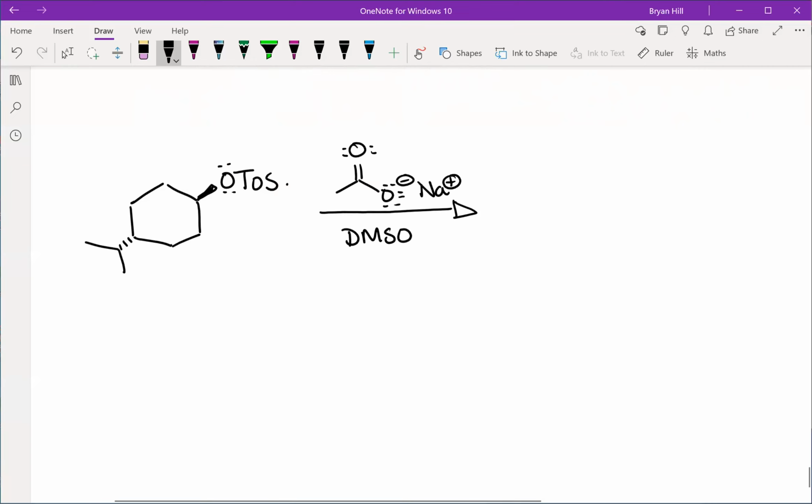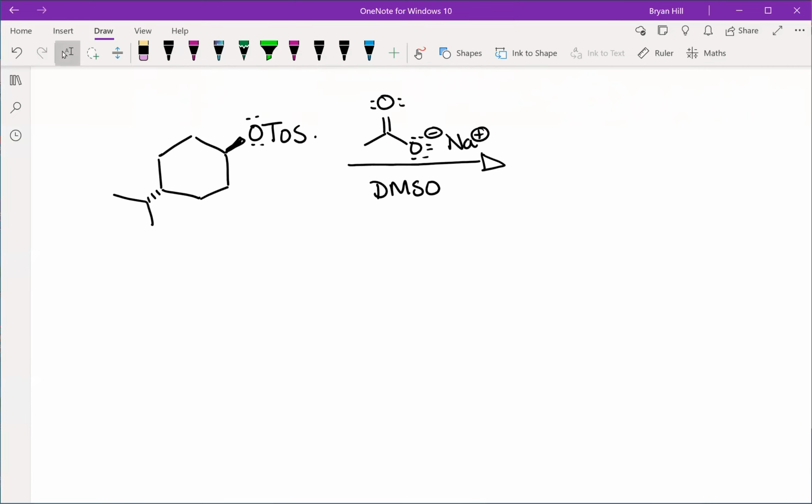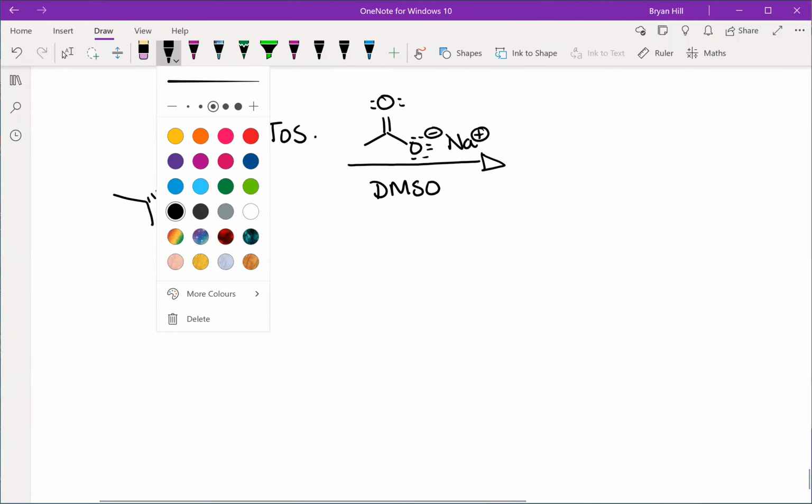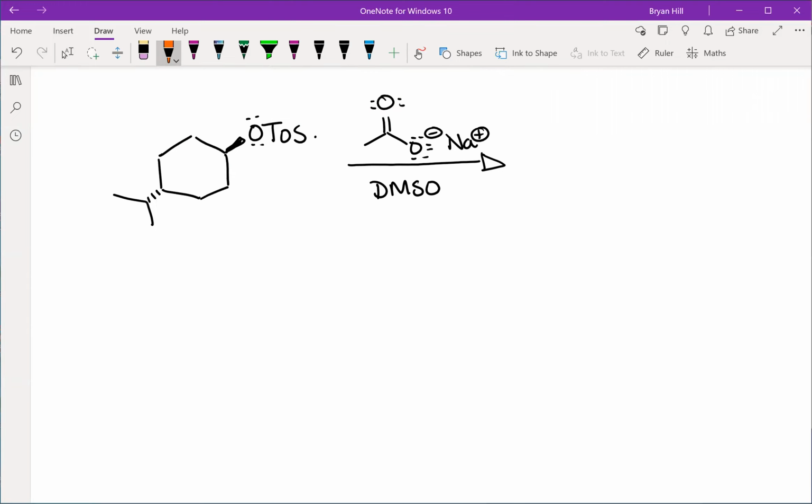All right, now, if we do an analysis on this one, we want to check out our substrate. Our leaving group is on here, and it's attached to 2 carbons.